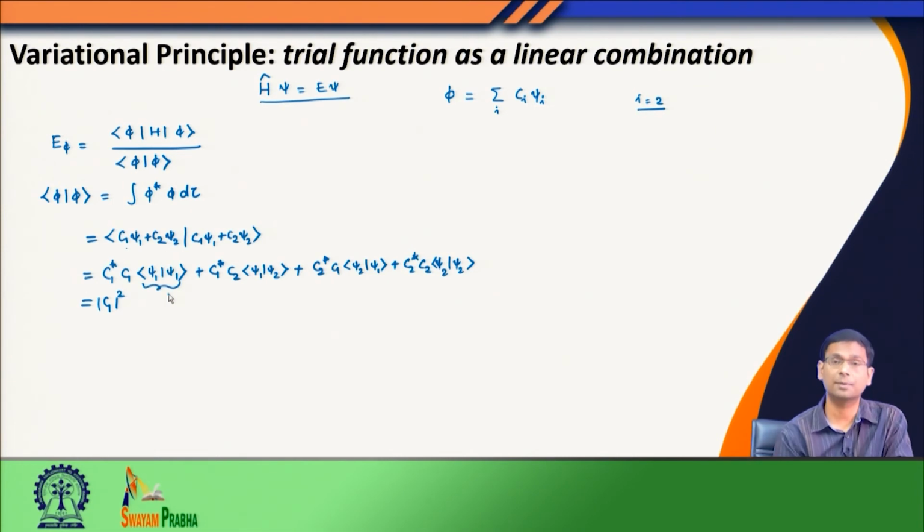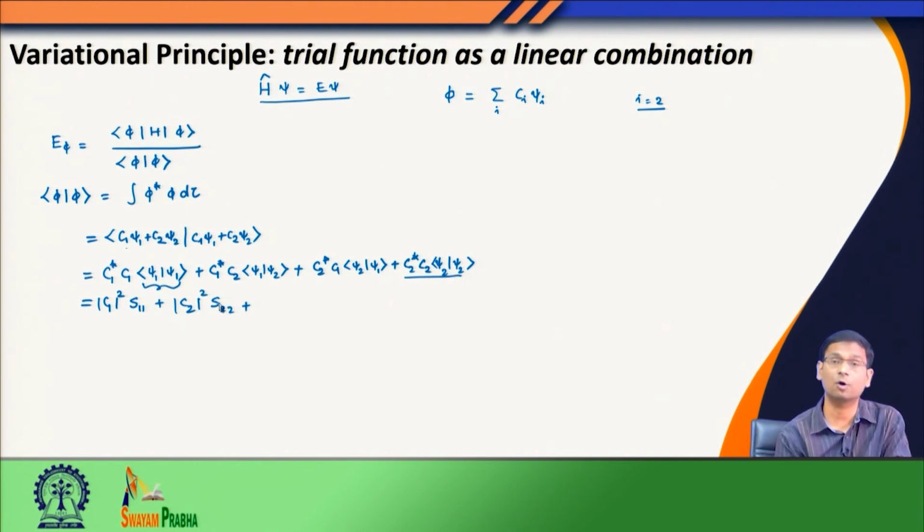Now you see I have this term C 1 square. I call this term the overlap of psi 1 with itself. Of course, if psi 1 is one of these known functions that I am starting with and is normalized, this will become 1, but we will keep this S 1 1 for a general explanation. Then this term will be C 2 square S 2 2, which is the overlap of psi 2 with psi 2.